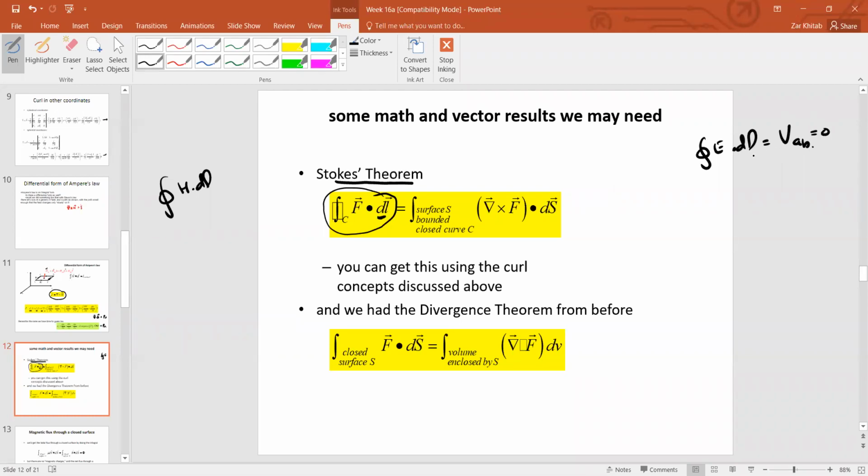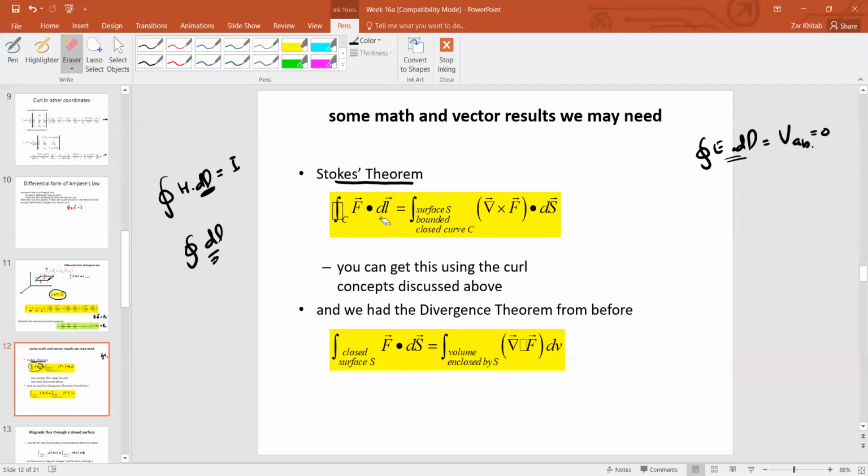The voltage drop and the voltage rise all go to zero in the DC case. H dot dl equals current I. E dot dl equals voltage, but in a closed path it must be zero, in the DC case. So this is the closed path integral.